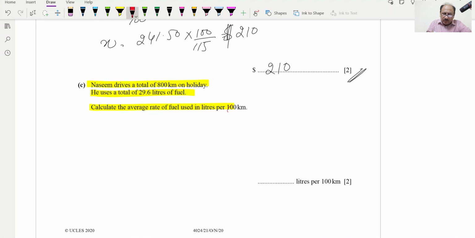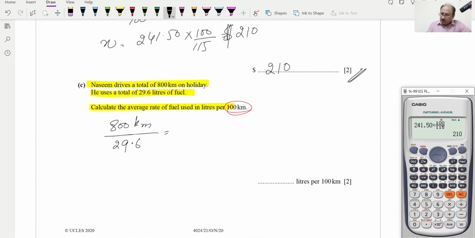So per 100 kilometers we need to find. 800 kilometers are consuming 29.6 liters. So what is the per liter consumption?